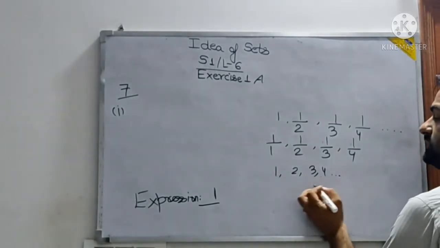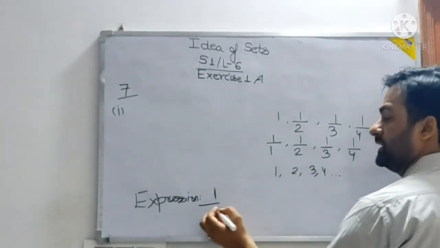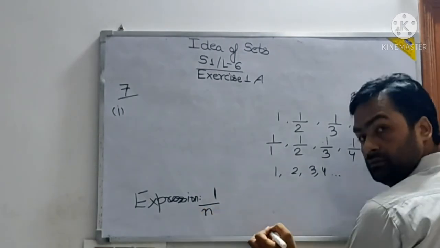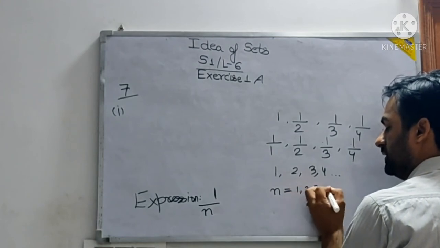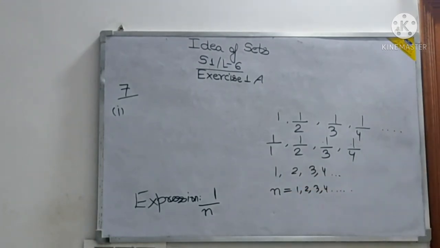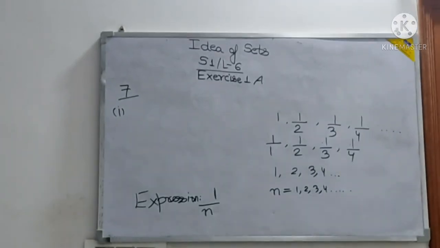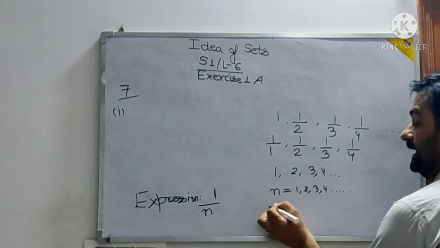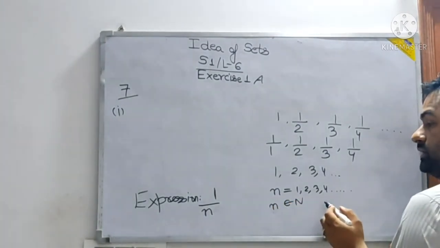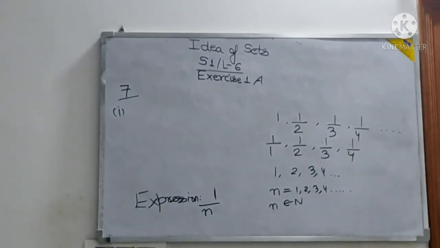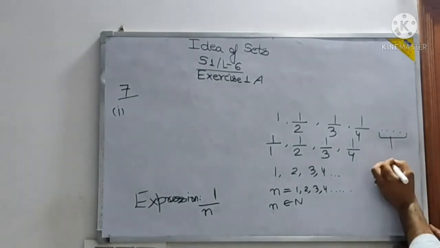How to generate natural numbers? 1, 2, 3 are all natural numbers. So can I write it as 1 by n? And what is n? n is 1, 2, 3, 4 and so on. And n belongs to the group of natural numbers. Since at the end dot dot dot is made, this dot dot dot means till infinity.